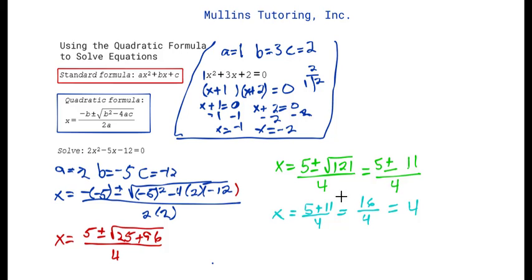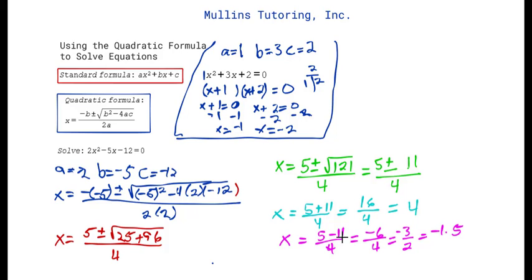And then we're going to do the negative, so we'll have x is equal to 5 minus 11 over 4 is equal to negative 6 over 4, which would give us negative 3/2 or negative 1.5.